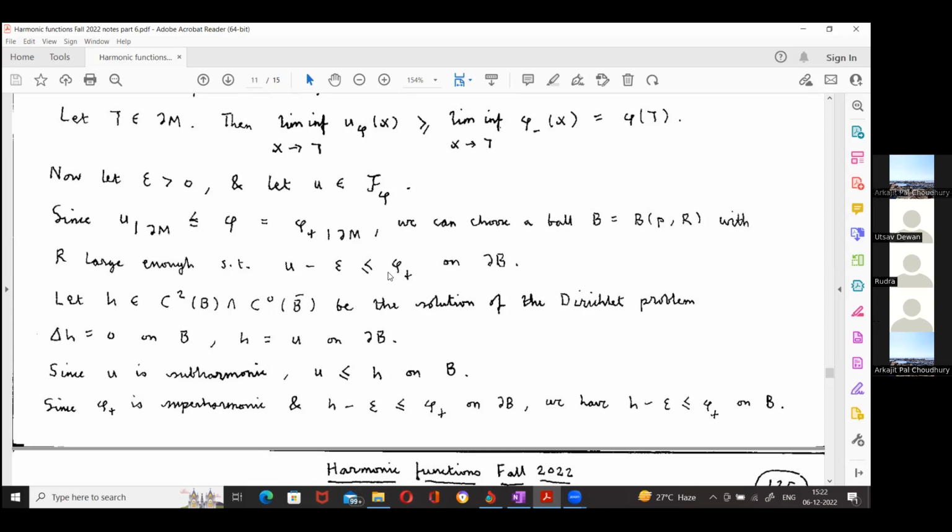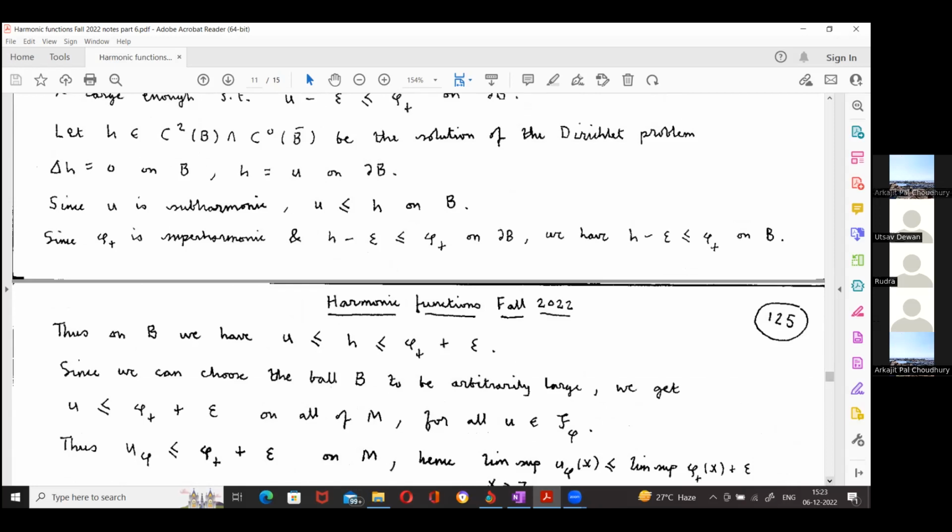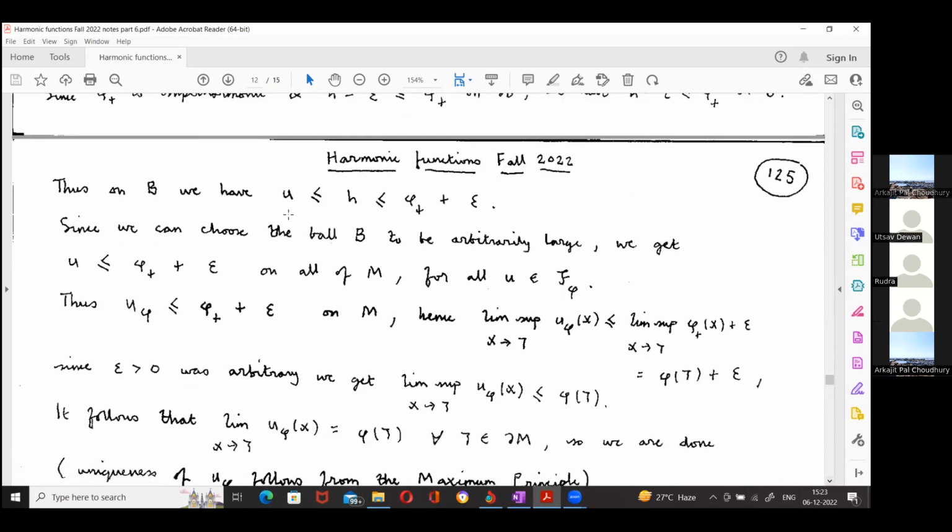By the maximum principle, u minus epsilon minus phi plus is subharmonic and less than or equal to 0 on boundary B. Therefore, it is less than or equal to 0 on B. Therefore, I get u is less than or equal to phi plus plus epsilon on the ball B.